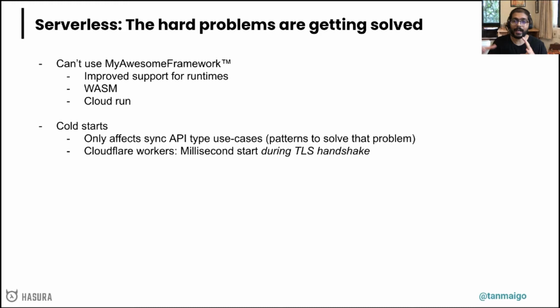And now the update that they've launched allows them to run these isolates, or boot them, while the TLS handshake is happening, because the TLS handshake itself takes a millisecond or two, and especially if you factor in the latency for the client to connect to the edge, and then do the TLS handshake. During that time, you can start the process for firing up the serverless function runtime, right? So there's improvements on that front as well.